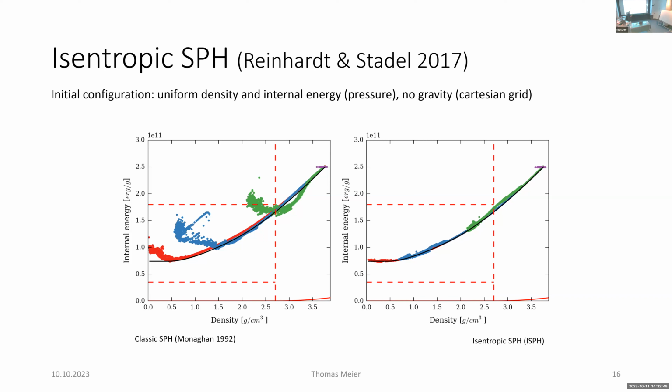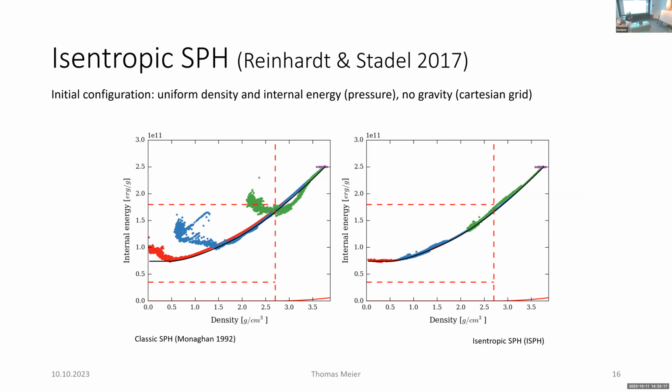You start here, and in theory, it should evolve along the black line, but due to numerical errors, you get this spreading of the particles. And with the correction, we get this result where they follow the isentrope much closer. And so we do this outside of shocks and get very nice results with them.